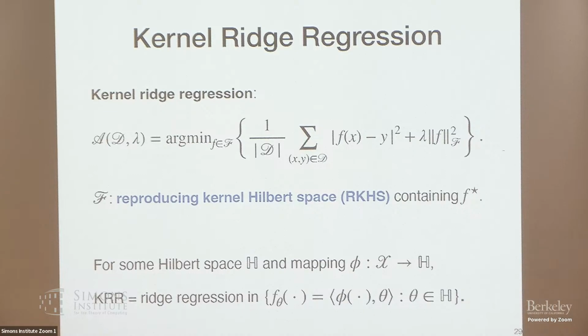Kernel ridge regression is nothing but linear ridge regression in a transformed space, in the sense that once you have a kernel, you can find a Hilbert space and a feature mapping from your original domain to the Hilbert space, so that you're just running linear regression after the feature transform.